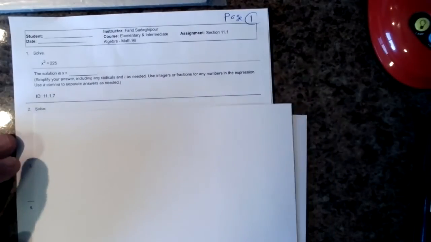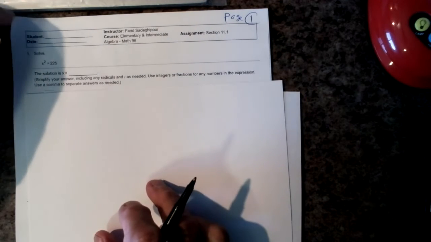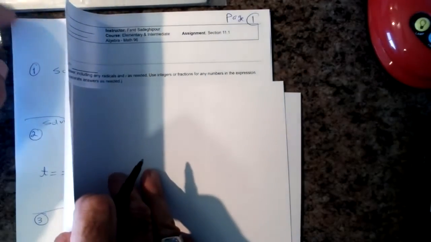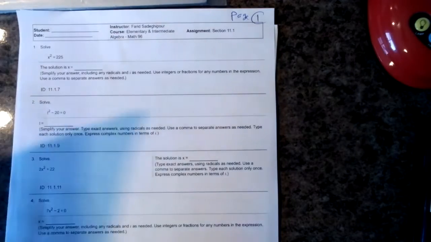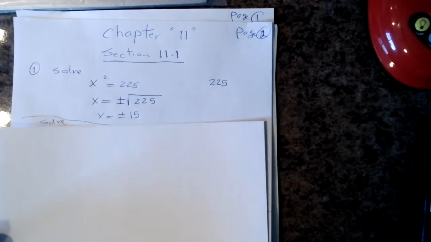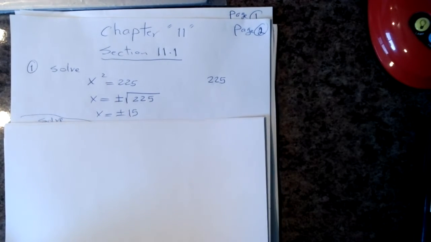Now on this problem, x squared is 225. So x is radical 225, which is plus or minus, and when you use your calculator, is 15.